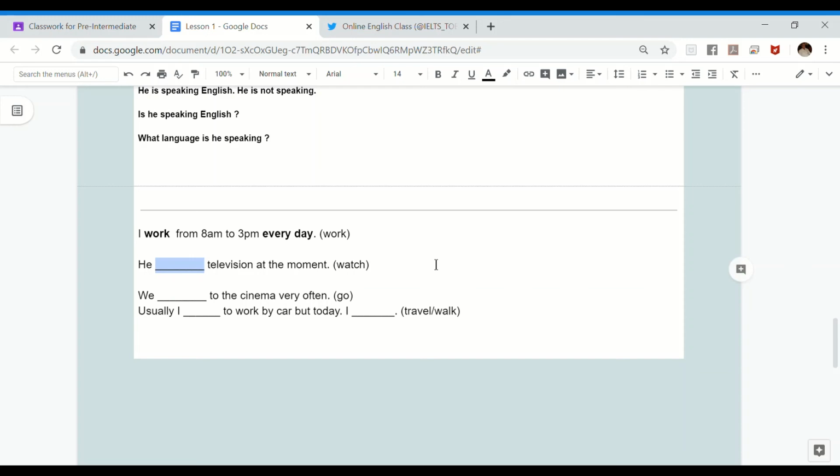So we've got he. How do you make present continuous with he and watch? Have you got it? He is watching television at the moment. Let's make that bold because it's at the moment.